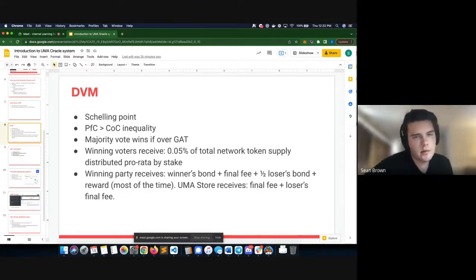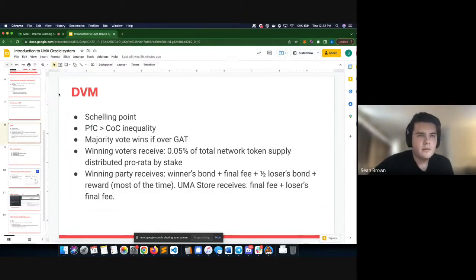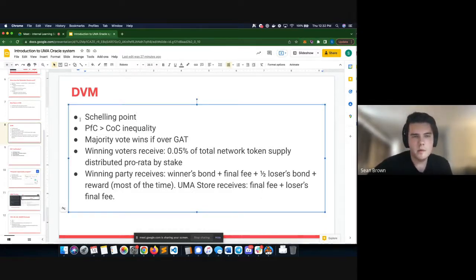Yeah, so at a high level, we talked about what the DVM is, right? The DVM is the ultimate security layer, the ultimate resolution layer that secures the optimistic oracle, right? The voting process that we're voting in right now is the DVM at work.